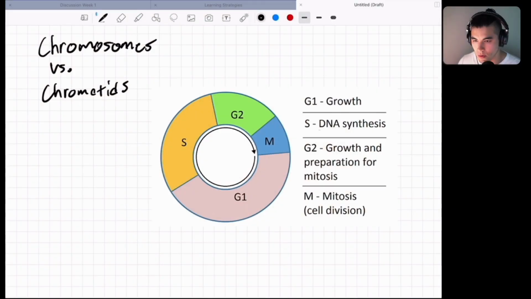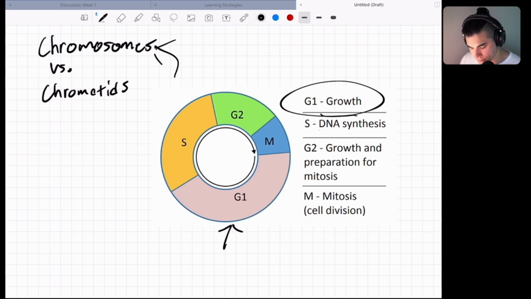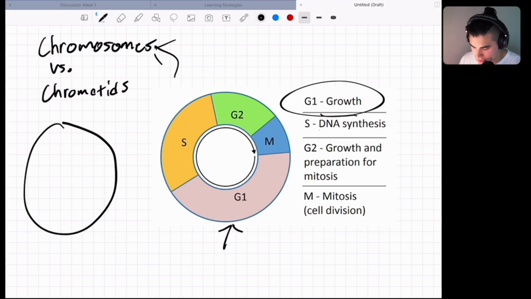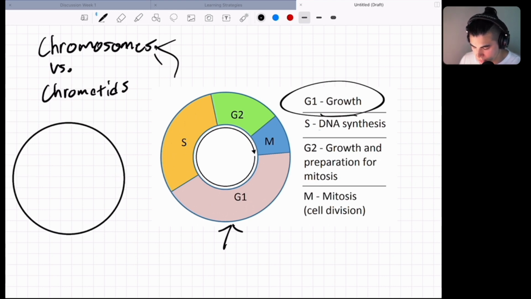So how does that tie into chromosomes? Well, in the G1 phase, the growth phase, let's look into the nucleus of a cell. This is a nucleus. Humans are diploid, meaning they have two sets of each chromosome.